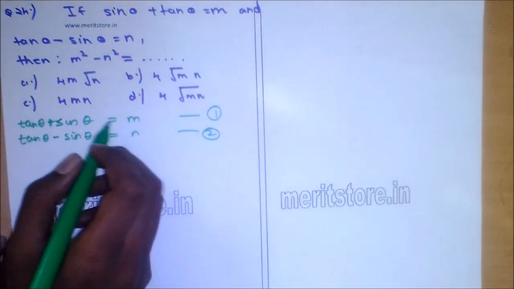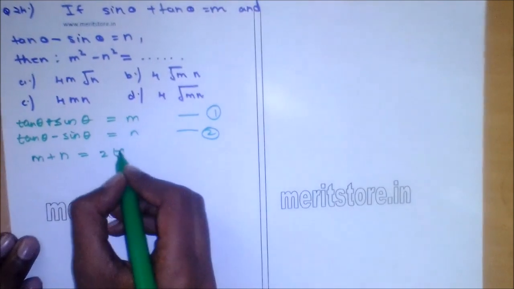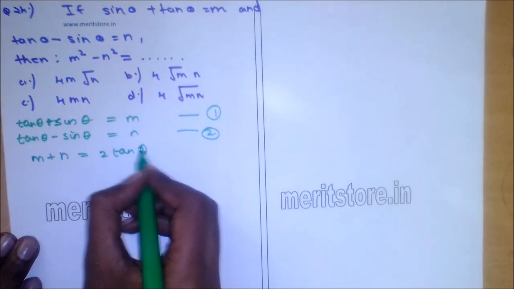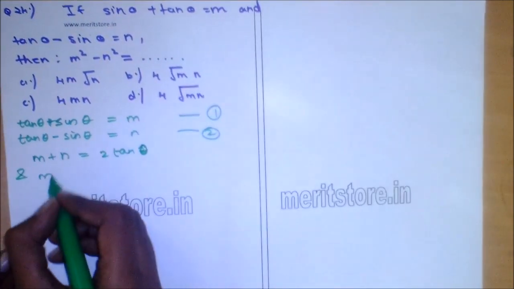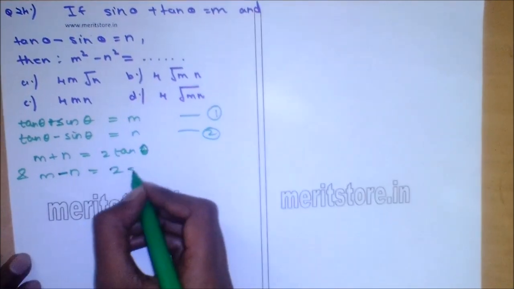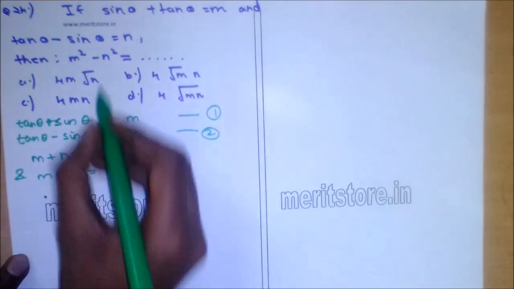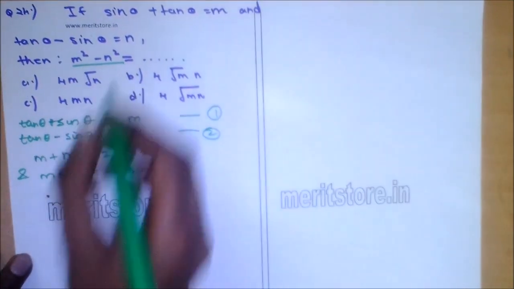Now adding these equations, we get m plus n equals 2 tan theta, and subtracting we get m minus n equals 2 sin theta. Now we are supposed to find m square minus n square.